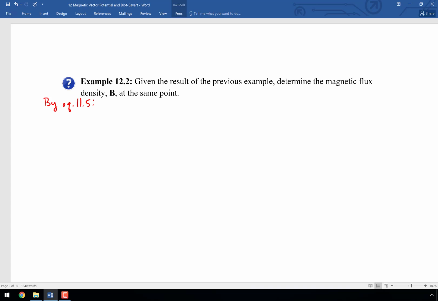So we know if you go back to equation 11.5, we had a matrix that we could use to calculate the curl of a vector in cylindrical coordinates. And I said, don't memorize that equation, and I still don't want you to memorize it, but I am going to write it down here. And so you could derive this equation using the method of diagonals that we talked about.